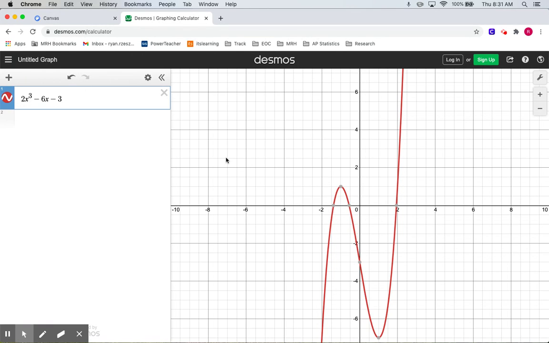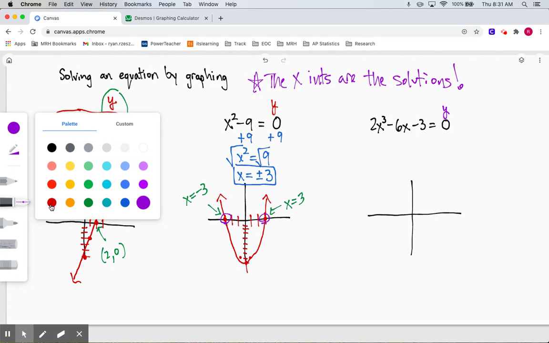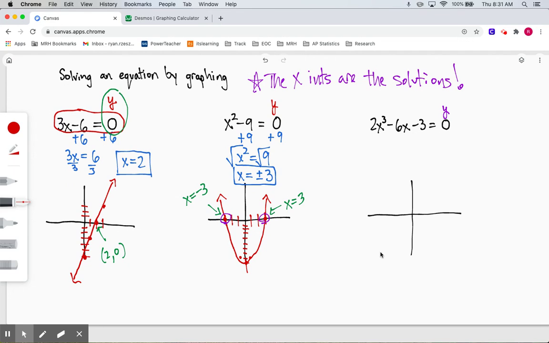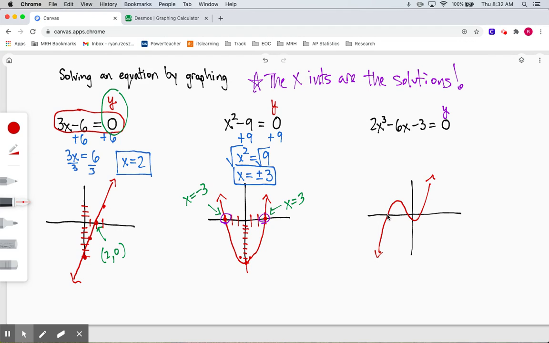So what I'll do is just sketch a quick picture. It looks like my first answer is going to be at negative 1.384. So my picture for this third problem looks sort of like this. And my first answer is negative 1.384.